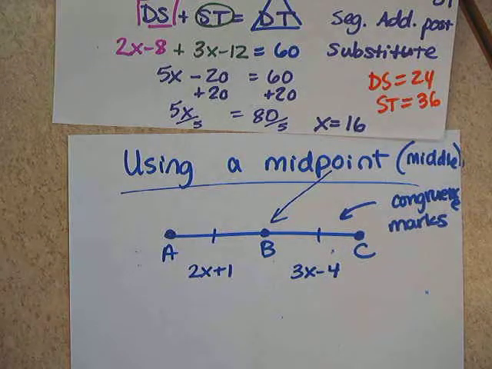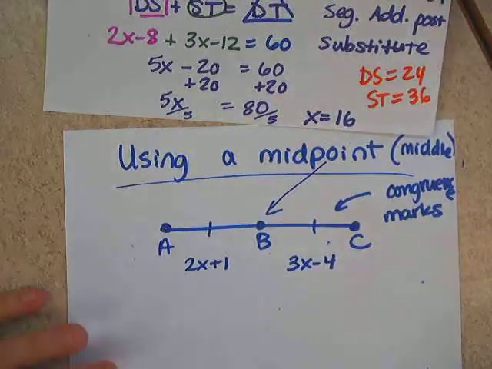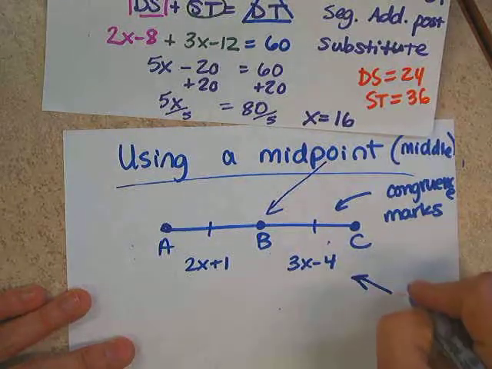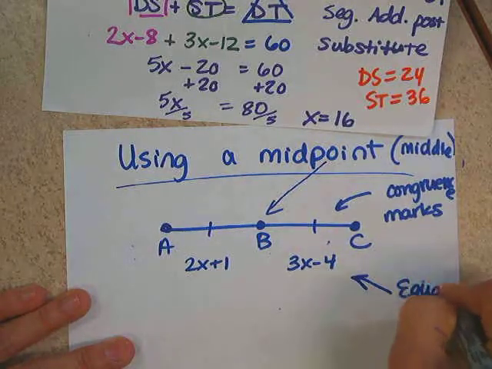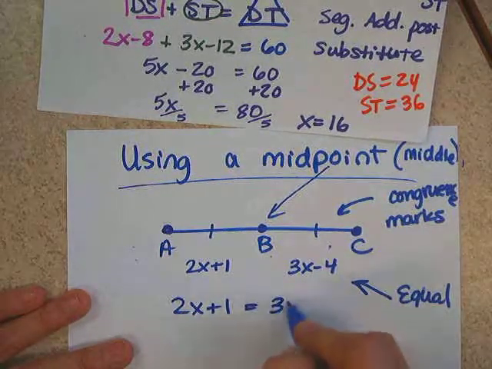They tell us that AB and BC are congruent. So if this part is 2x plus 1 and this is 3x minus 4, but we don't know what AC is, if they're congruent, they're the same. If they're congruent, you set them equal.